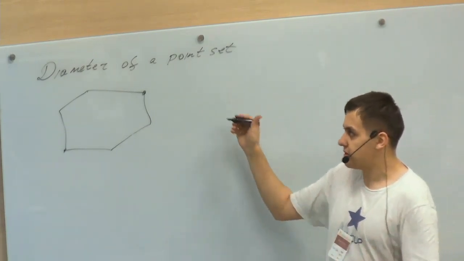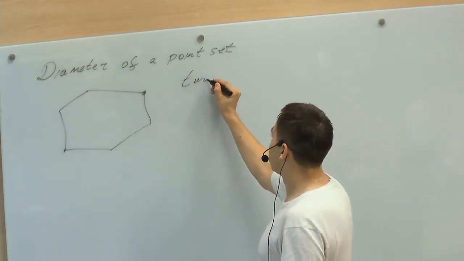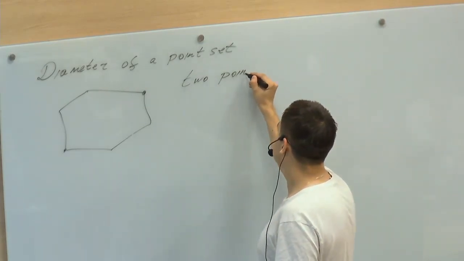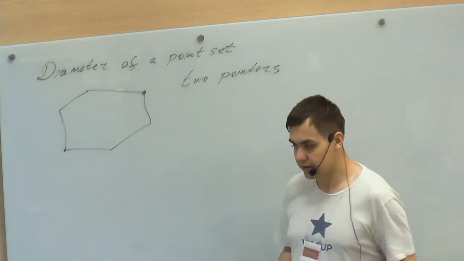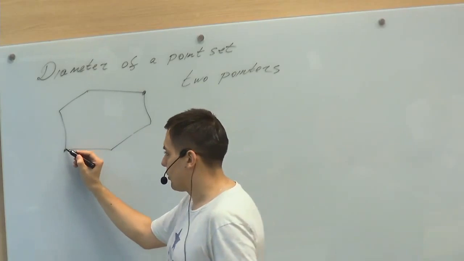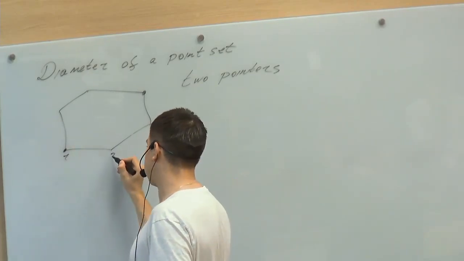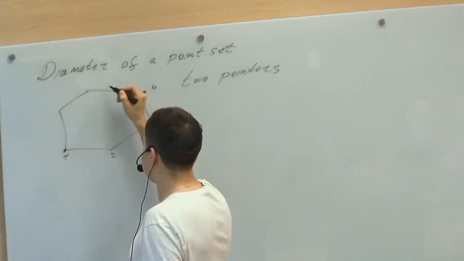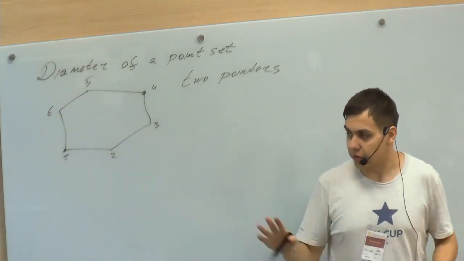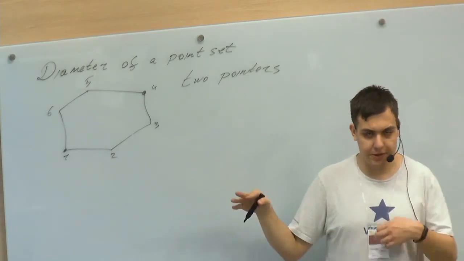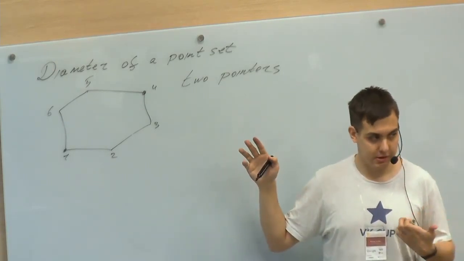Well, it's 2 pointers, right? So we start with some point, so let's enumerate these points in counterclockwise order. And for each point, let's keep track of the farthest point from that one.